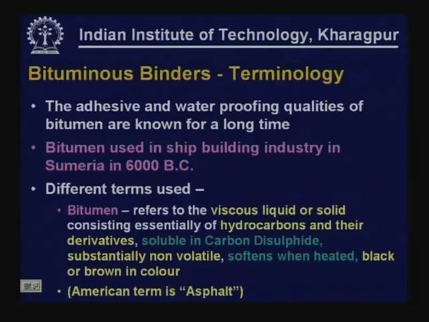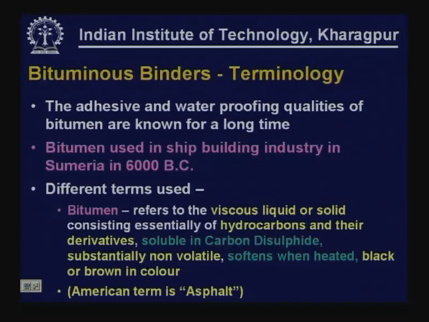Various terms that we normally use in describing these binders are, first, bitumen. This refers to the viscous liquid, it can be in solid form also depending on the temperature at which it is maintained, consisting essentially of hydrocarbons and their derivatives, and soluble in carbon disulfide, substantially non-volatile.